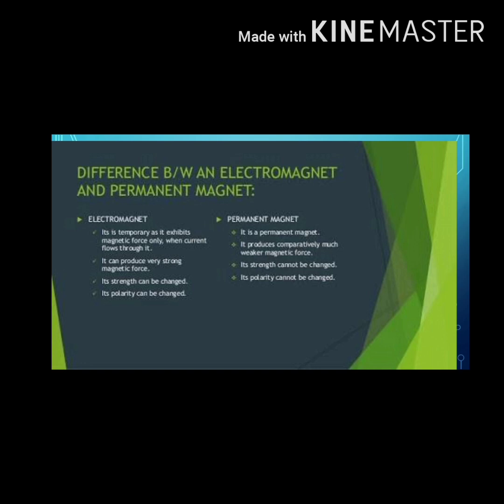The strength of an electromagnet can be changed, but for a permanent magnet, its strength cannot be changed. An electromagnet's polarity can be changed, but for a permanent magnet, its polarity cannot be changed.